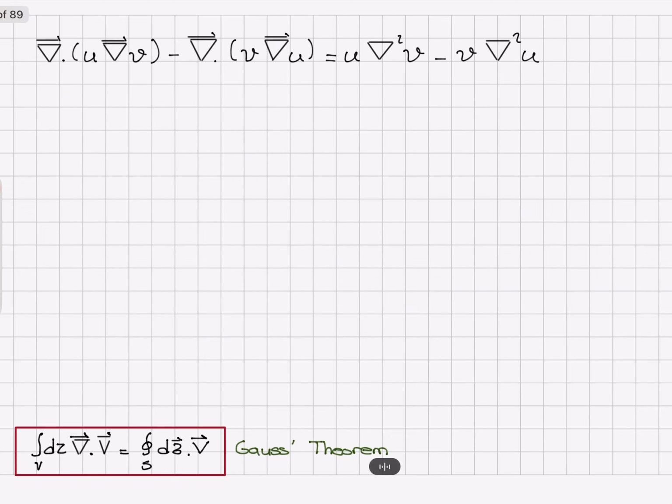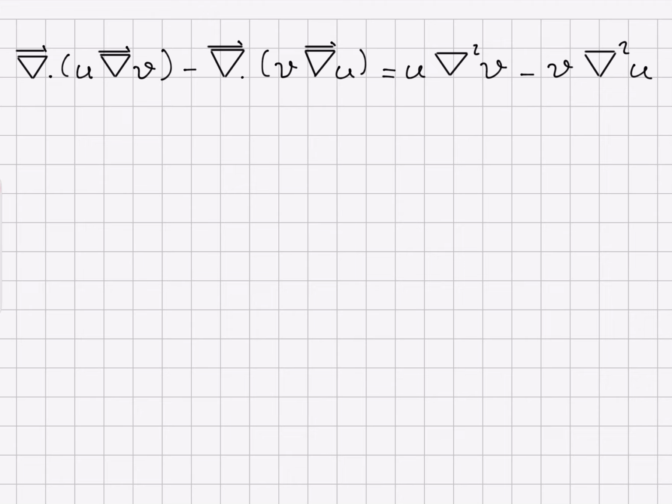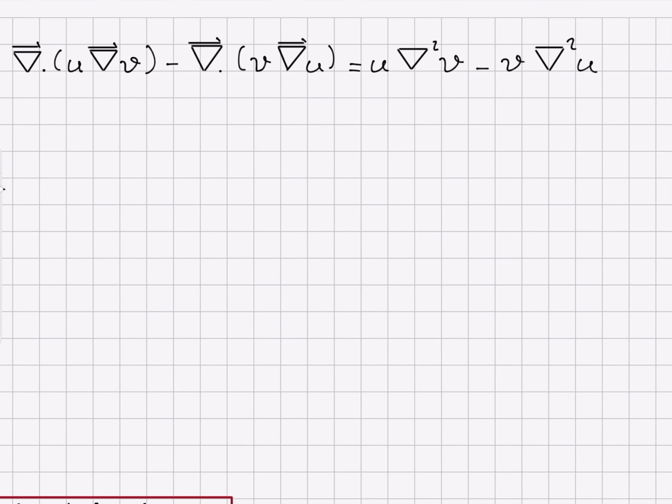So if I write the divergence of u gradient v minus the divergence of v gradient u, which means I'm taking the divergence of u gradient v minus v gradient u, the volume integral of the divergence of u gradient v minus v gradient of u, d tau. If I take this volume integral, what is this equal to?